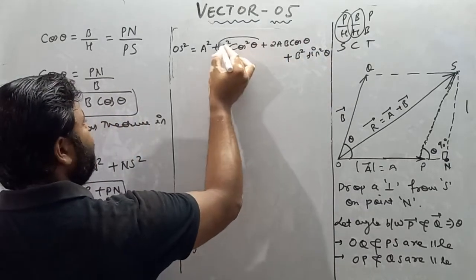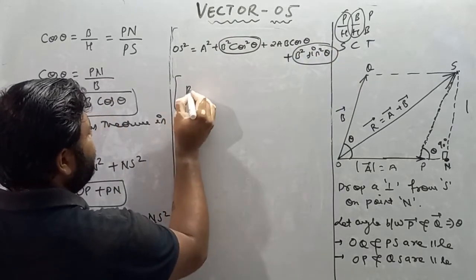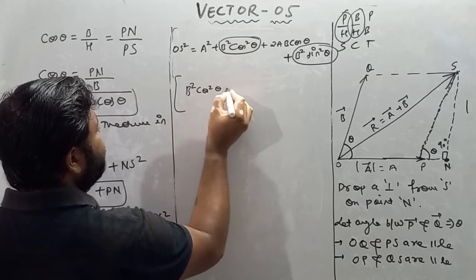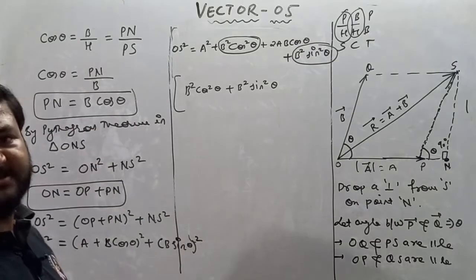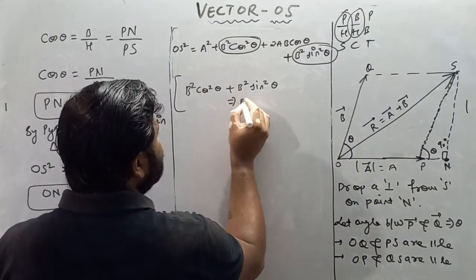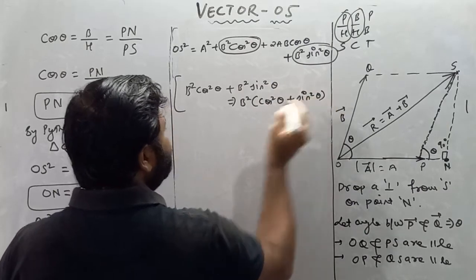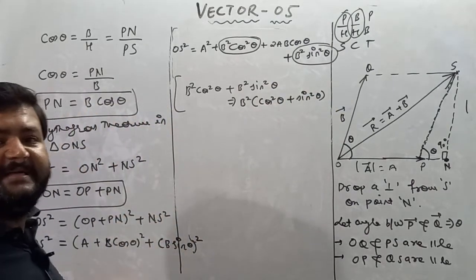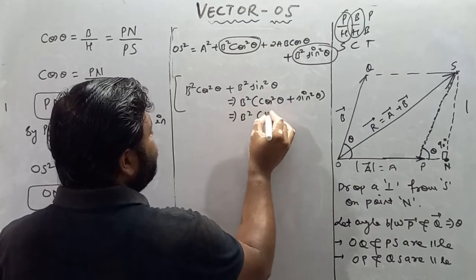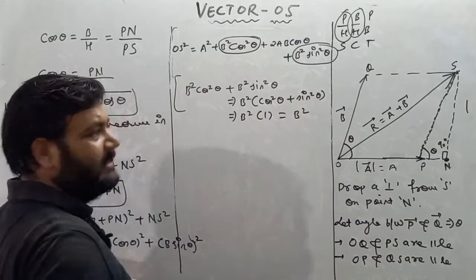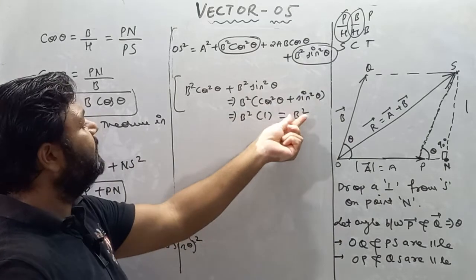Now see, B square cos square theta plus B square sin square theta. From this we get B square common, so we get B square into cos square theta plus sin square theta. Now we know the value of cos square theta plus sin square theta is equal to 1. So B square into 1 is only B square. So instead of B square cos square theta plus B square sin square theta, we'll only write B square.